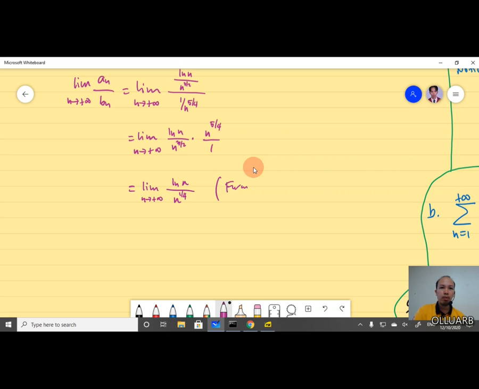So we have the form positive infinity over positive infinity. Therefore you can use L'Hopital's rule. The derivative of the numerator is 1 over n, and the derivative of the denominator is 1/4 times n to the negative 3/4, as n approaches positive infinity. So by L'Hopital's rule.